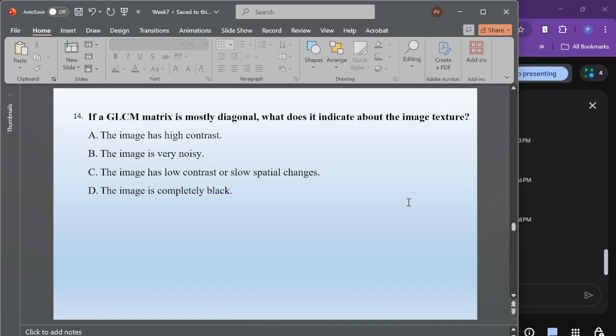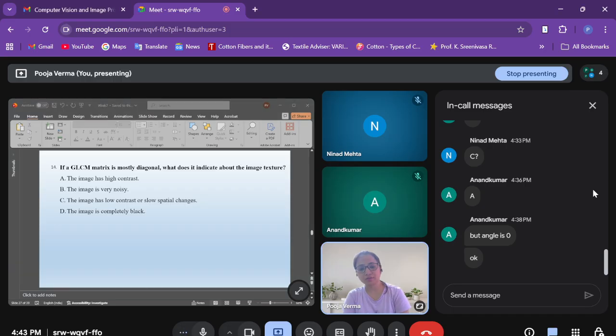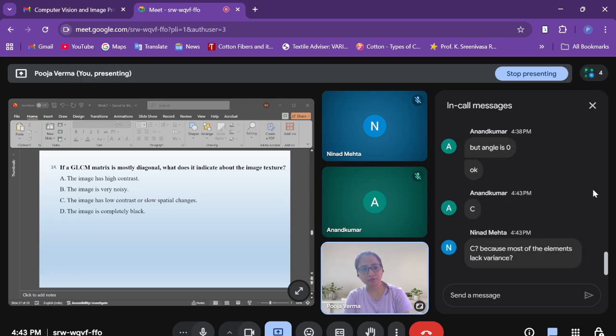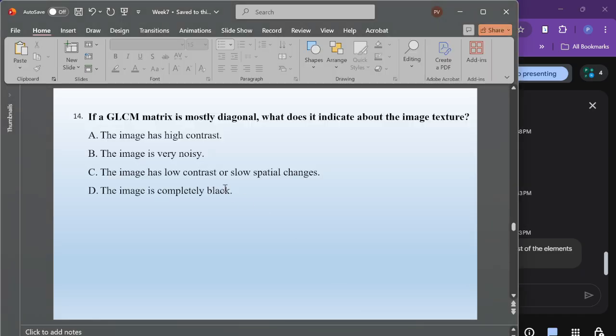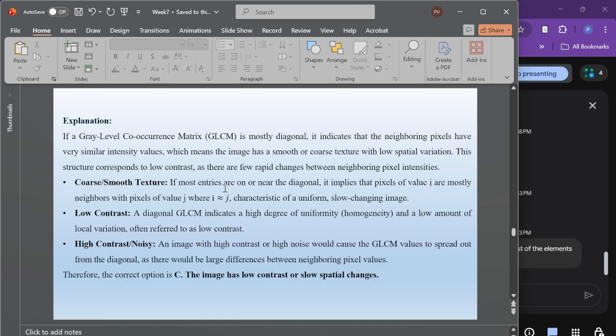Or option D, the image is completely black. Okay, option C. We will see the detailed explanation here.